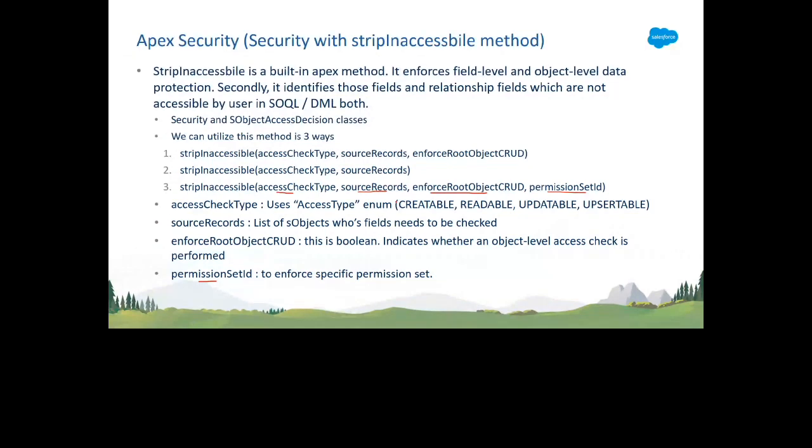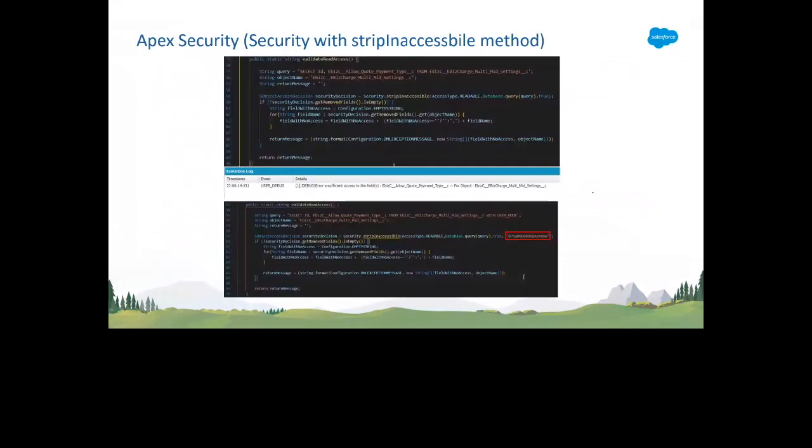And if you want to enforce a specific permission set in your code while using this method, then you can declare a hard coded ID, or you can fetch a permission set ID through SOQL and pass the ID here. Then that permission set will be enforced in your code, and you can work on that side also.